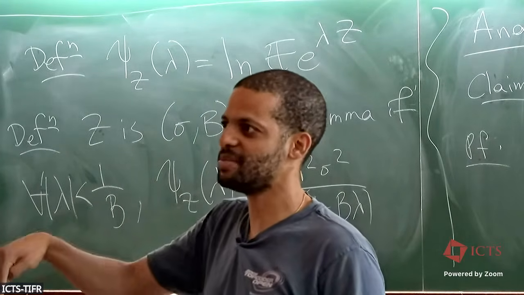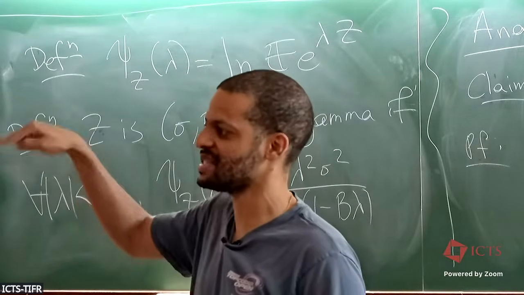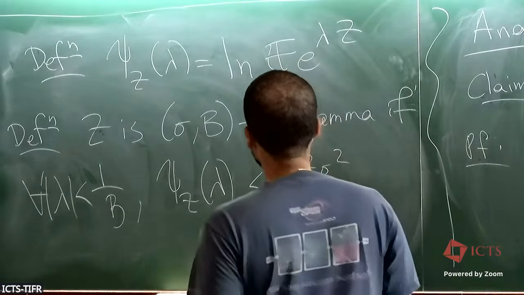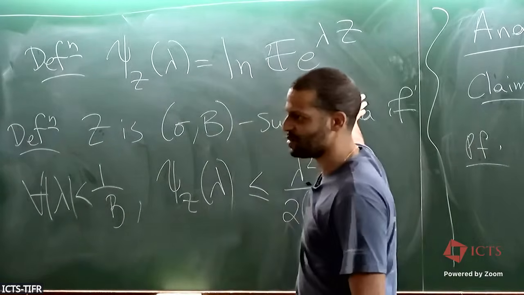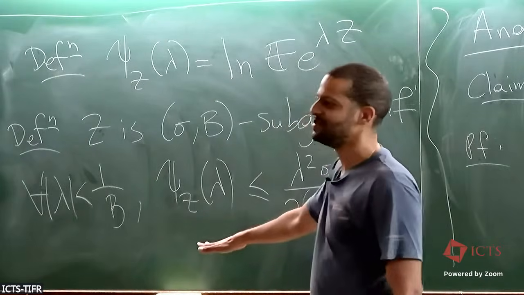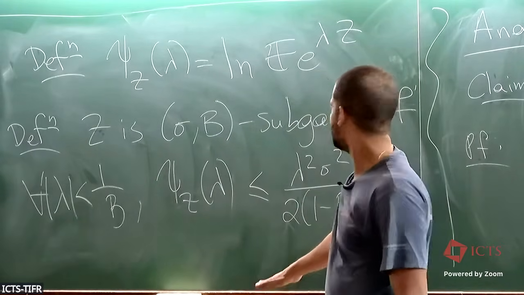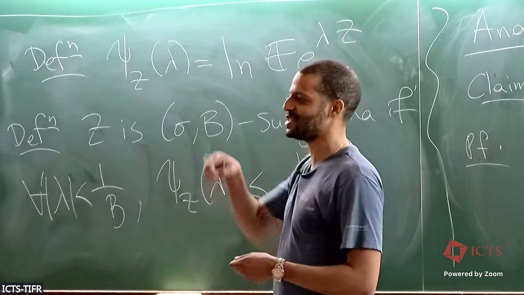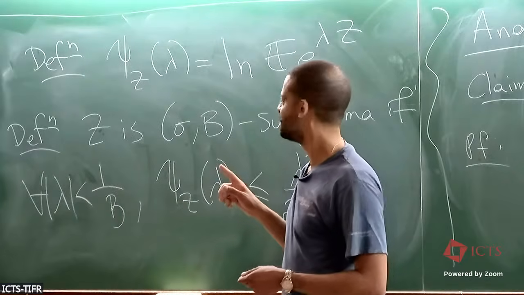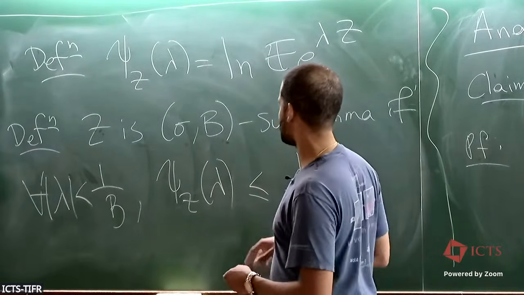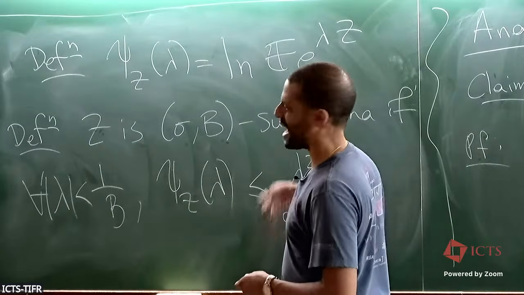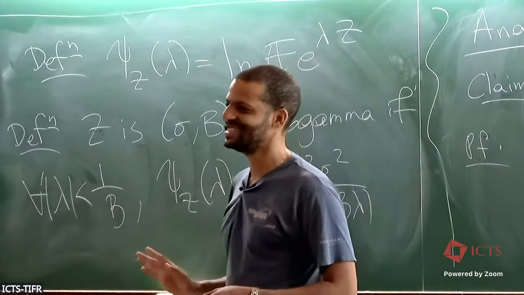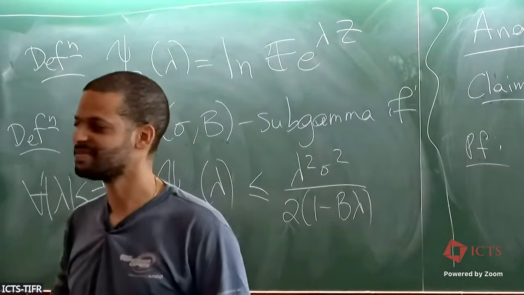Already that tells you that if you have a bunch of independent sub-gamma random variables, their sum is sub-gamma. The new sigma becomes the L2 norm of all the sigma i's, the square root of the sum of sigma i squared, and the new b becomes the max of all the b's, or the min, whatever makes this true. So the sum of sub-gammas is sub-gamma.